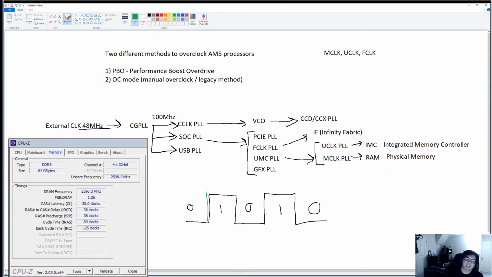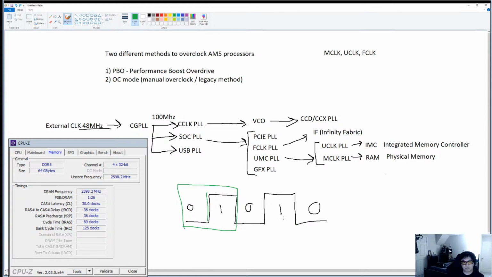So I can't remember if it executes on the rising edge, so that means this edge, or if it's on the falling edge. We'll just say the rising edge. So when it rises, it does something, meaning every clock cycle. So if we call this one cycle, this is another cycle, and then there's a third one over there as it repeats.